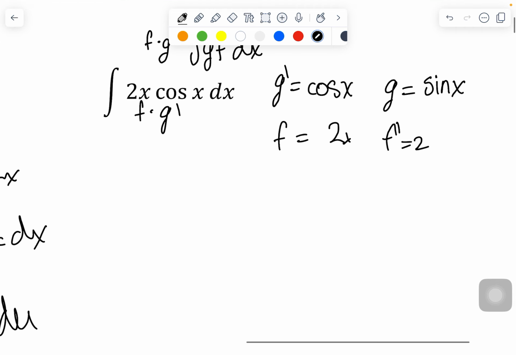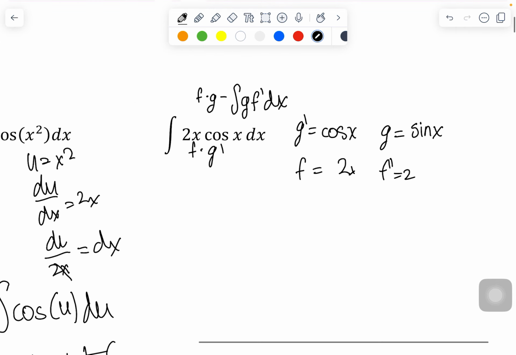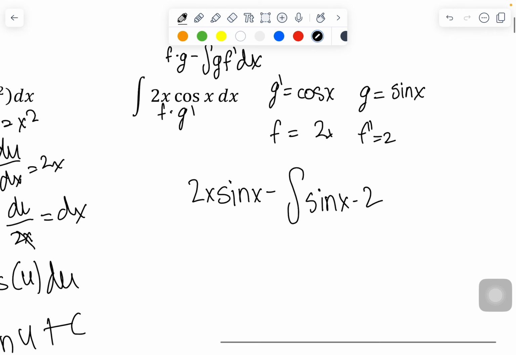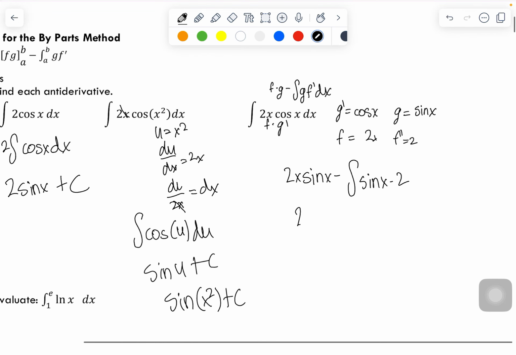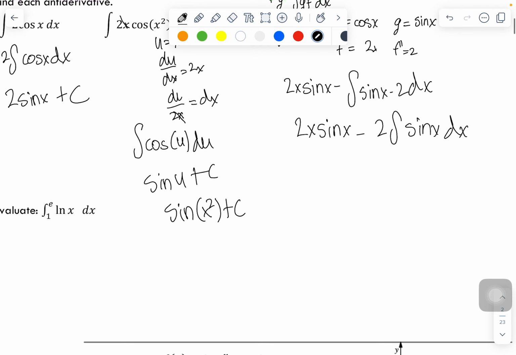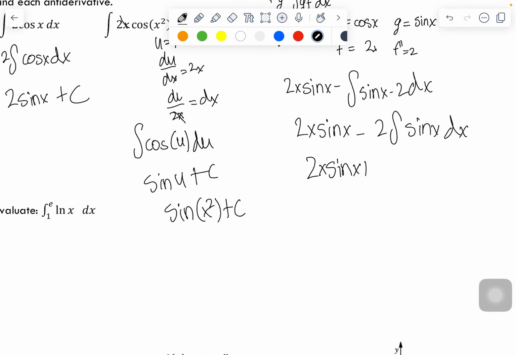So now we can plug that into our function. G times f is 2x sine x minus the integral of sine x times 2. So 2x sine x minus 2 times the integral of sine x is 2x sine x plus 2 cosine x plus c.